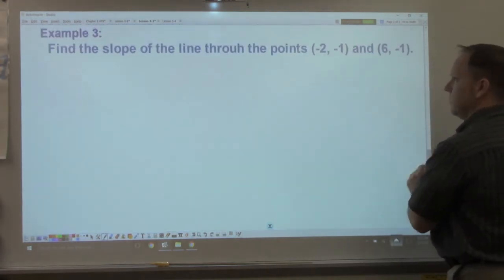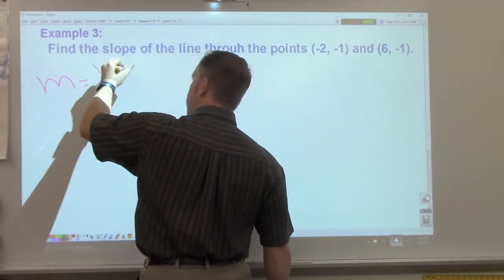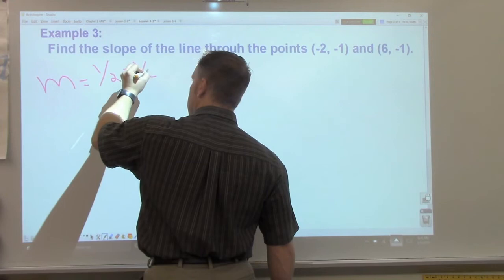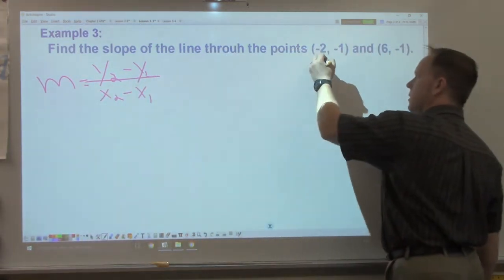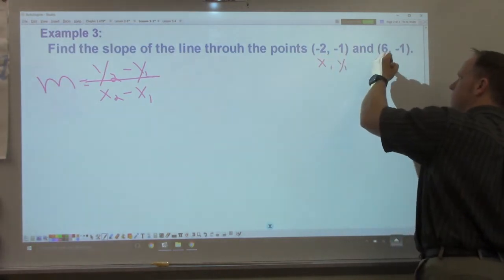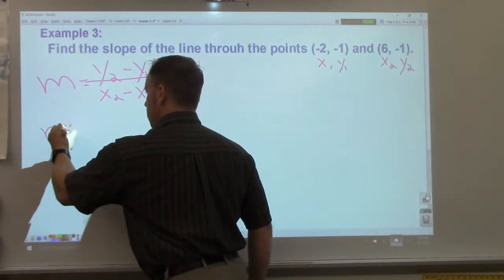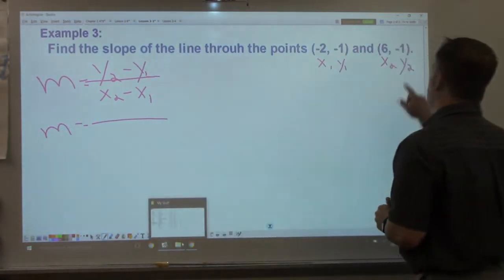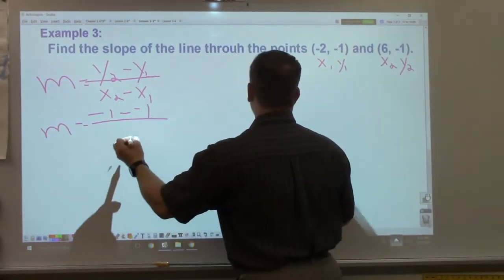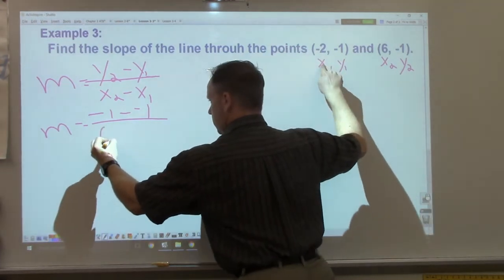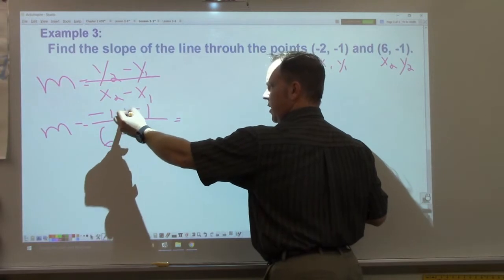Example 3. One more time. y2 minus y1 over x2 minus x1. x1, y1, x2, y2. -1 minus -1, over 6 minus -2. -1 minus -1, again, you can change that to plus positive.